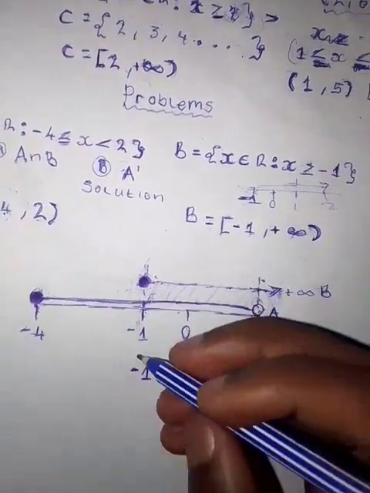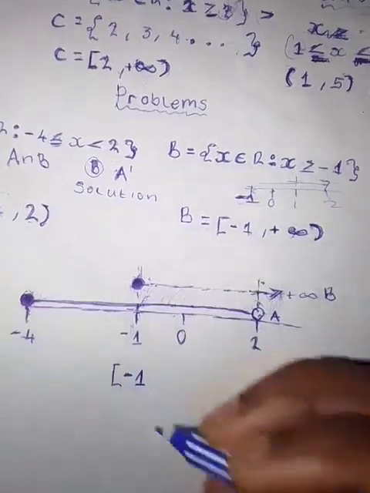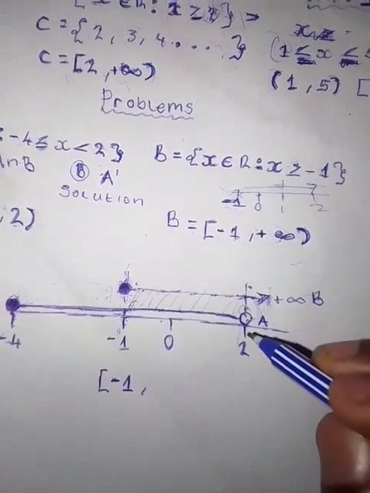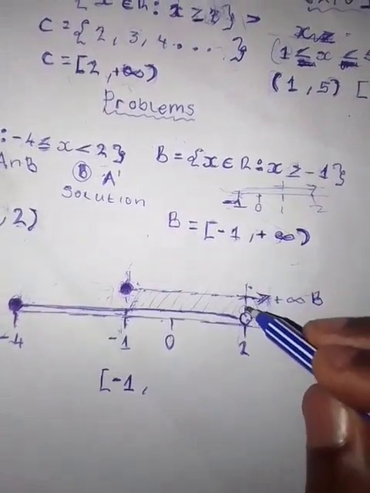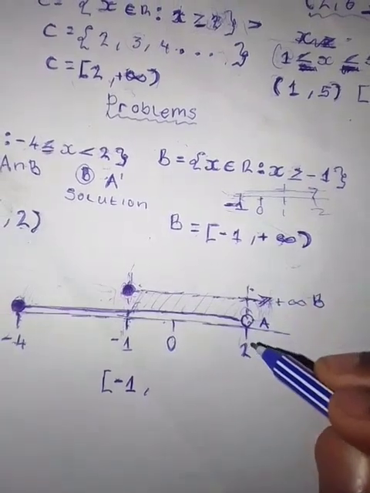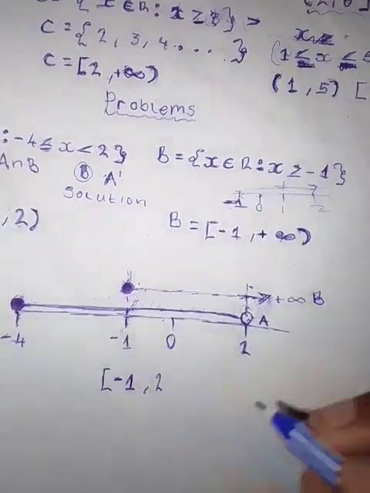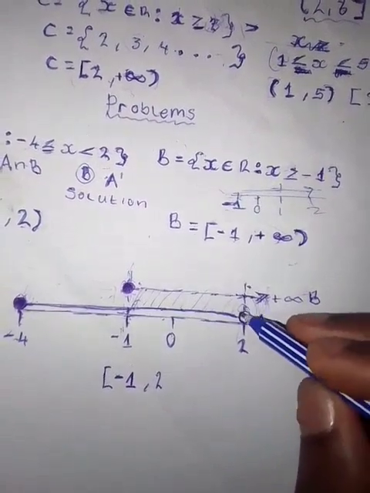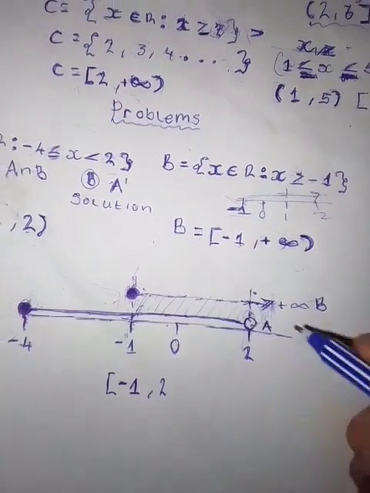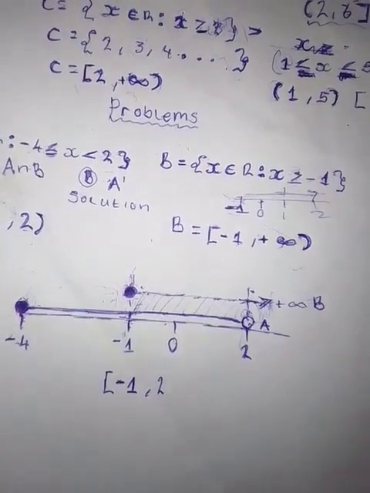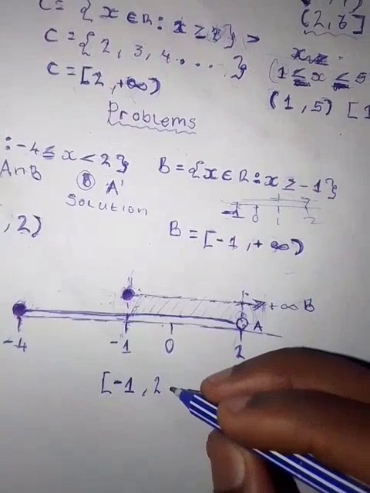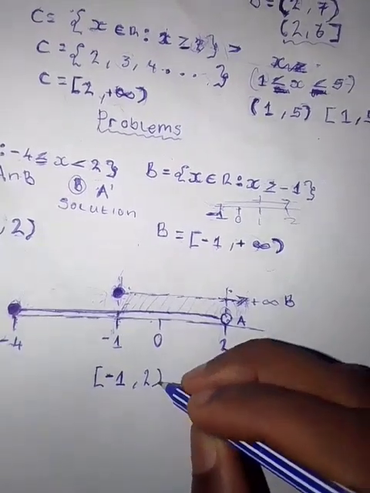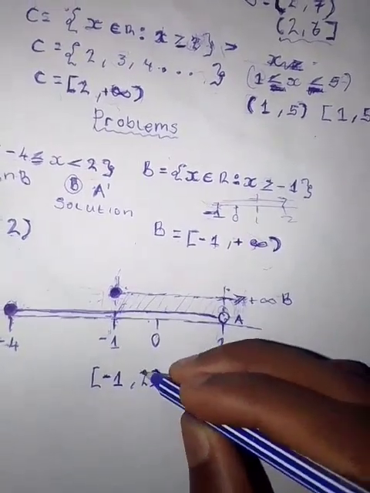So you put a square bracket, write negative 1, put a comma, and then see where it is ending. It is ending at 2, right? So you write 2. Now what kind of bubble do we have here? The bubble says it's not part of the set, and if it is not part of the set, we simply put a parenthesis.